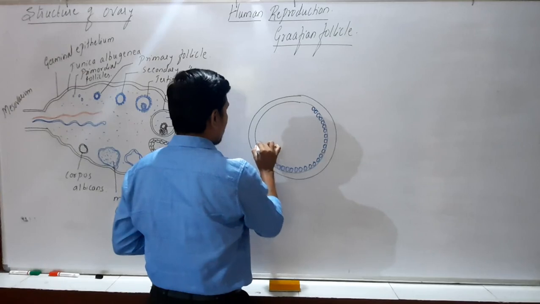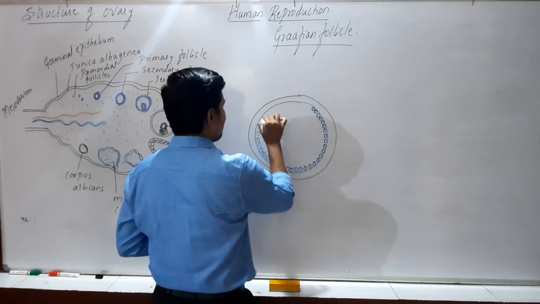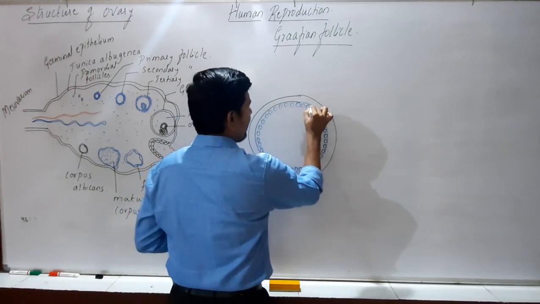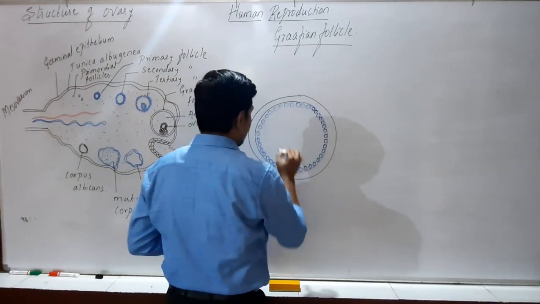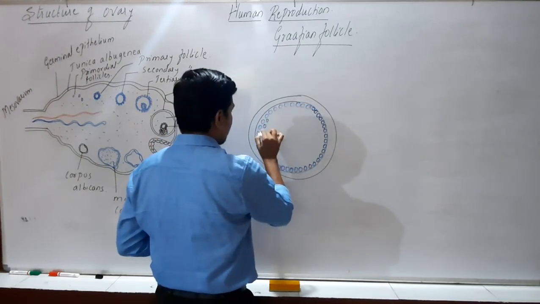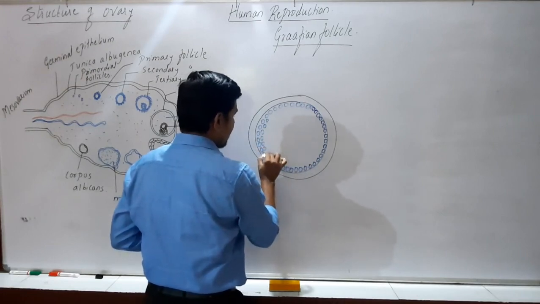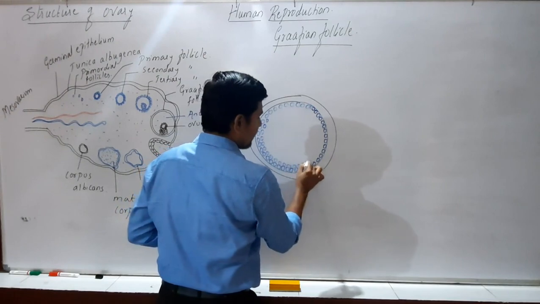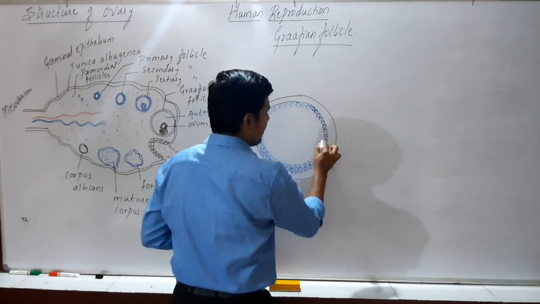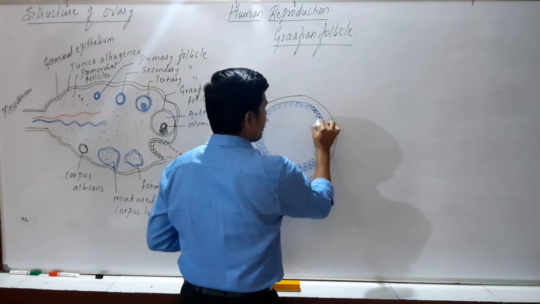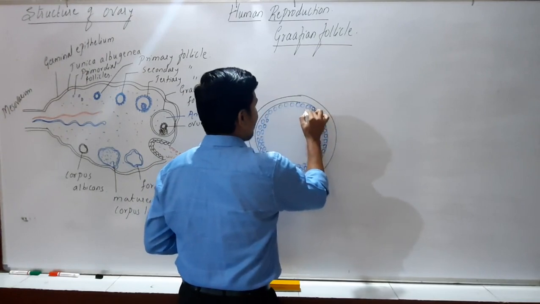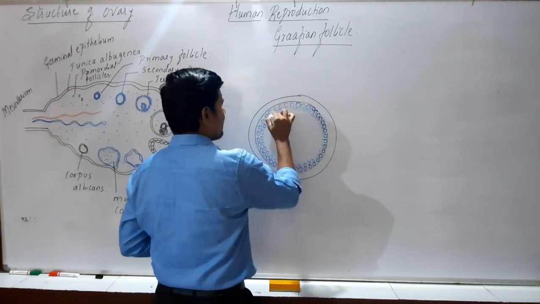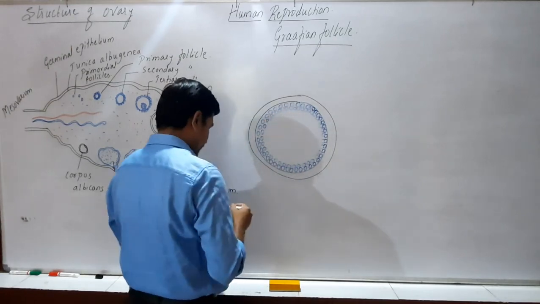The inner layer of the Graafian follicle is said to be theca interna, and inside this we have certain cells which we call membrana granulosa cells, the cells that we are drawing here.